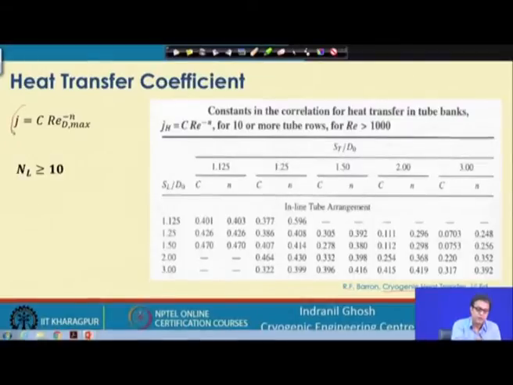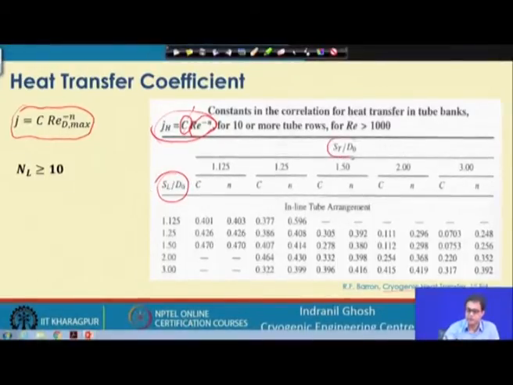The Coleman J factor is related by a relation: some constant C times Re to the power minus n, where this constant C and n will vary as a function of S_L by d_0 and S_t by d_0, where S_t is the transverse pitch, d_0 is the outside diameter of the tube, and S_L is the longitudinal pitch.